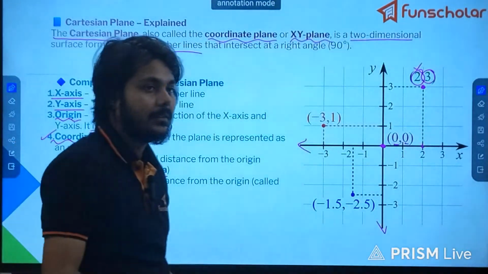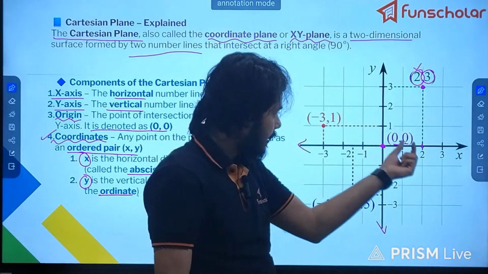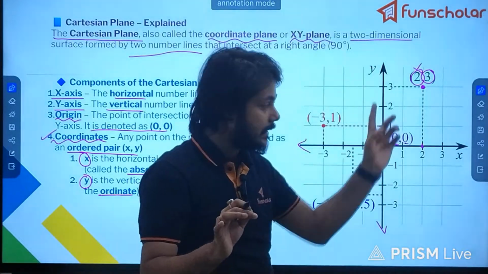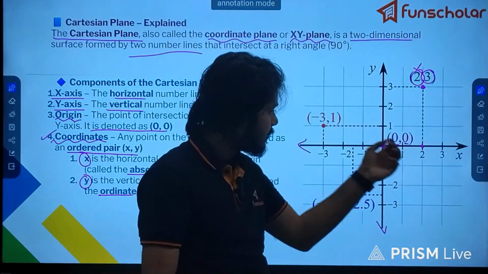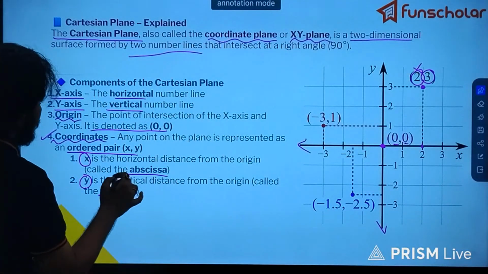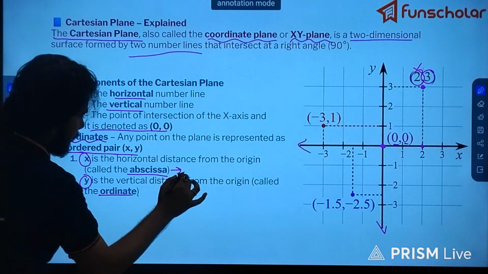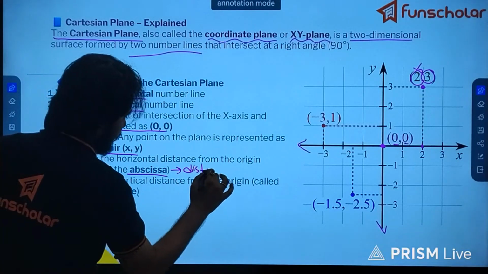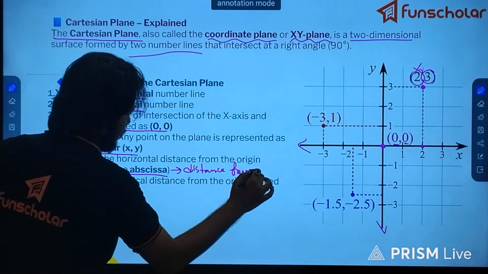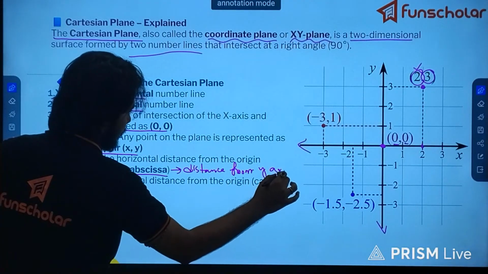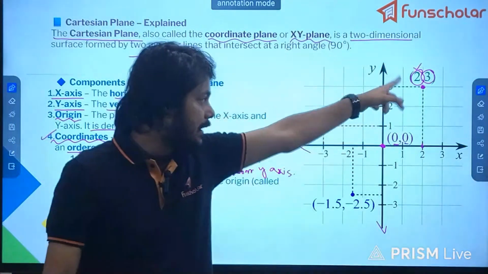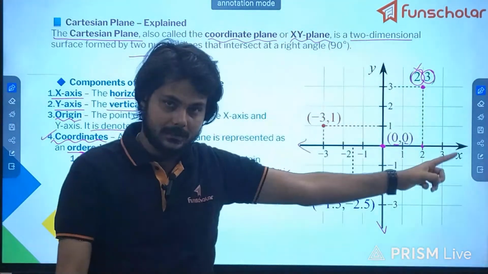I already told you that the abscissa, here this 2, means the distance from the y-axis. Distance of which? Distance of that particular point from the y-axis.